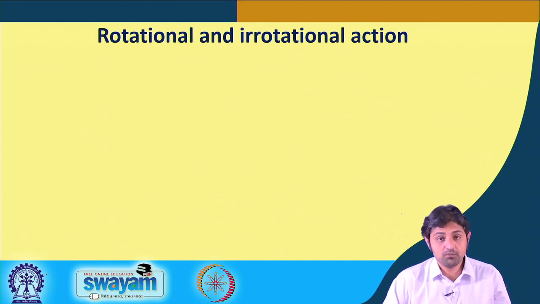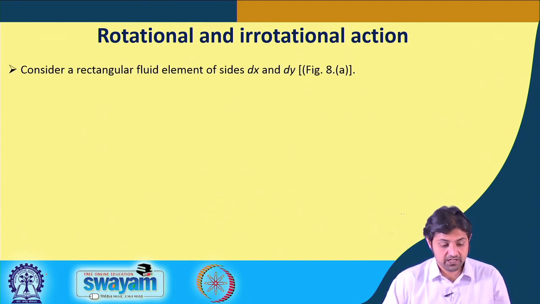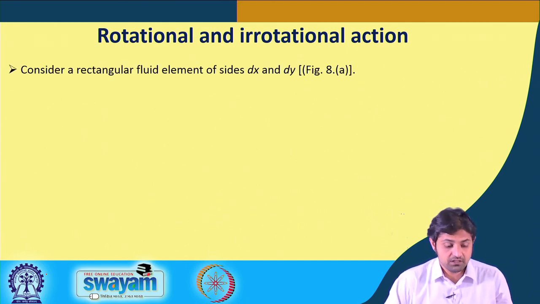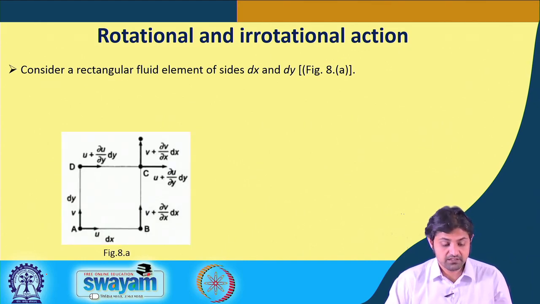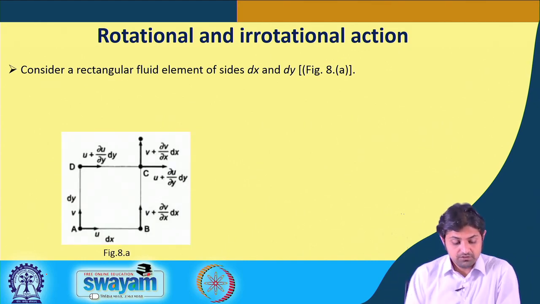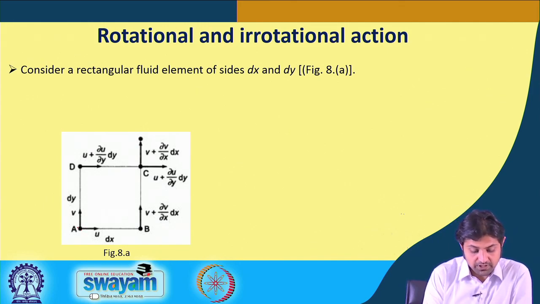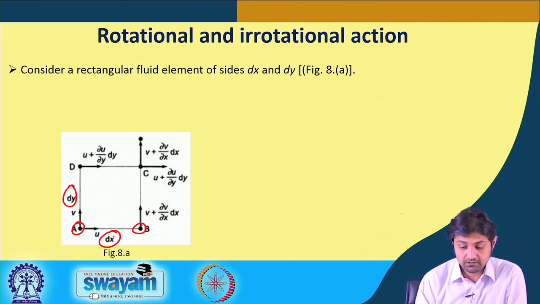Now, let us talk about rotational and irrotational motion. If we consider a rectangular fluid element of sides dx and dy as in this figure, this is point A, this is point B, this is the side dx, and this is dy. This is a fluid particle.